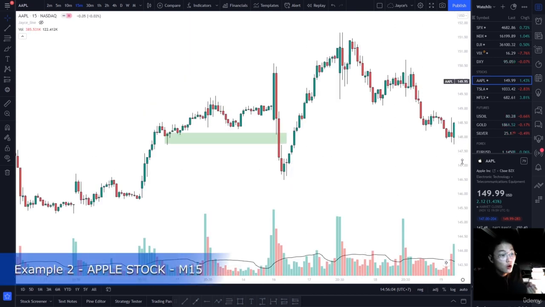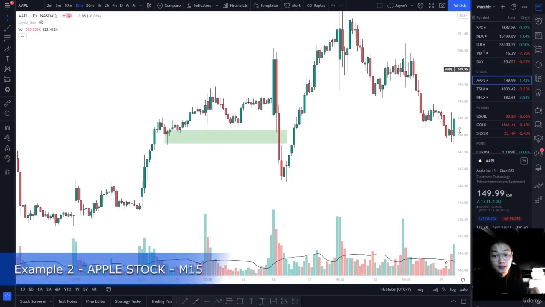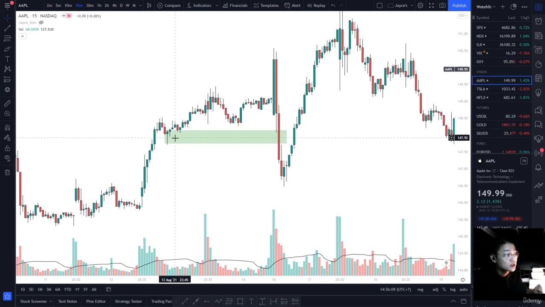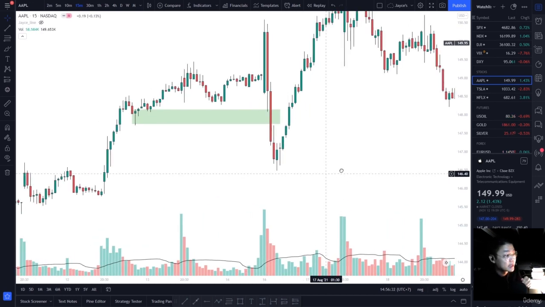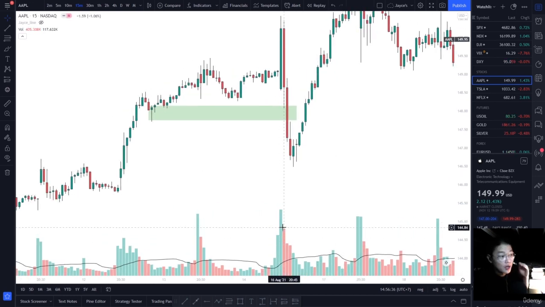Another example, also on the 50-minute chart of Apple stock. At this time we also have a strong demand zone to define the trend of the market. Price went very sharply with two big Marubozu candles, broke out of this demand zone and closed below it. It means price already broke, but at this time you can see the volume is weak compared with the up volume.